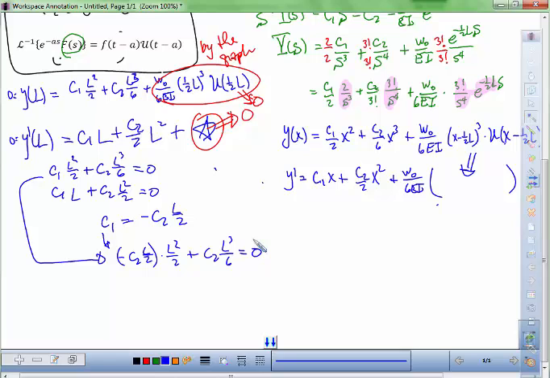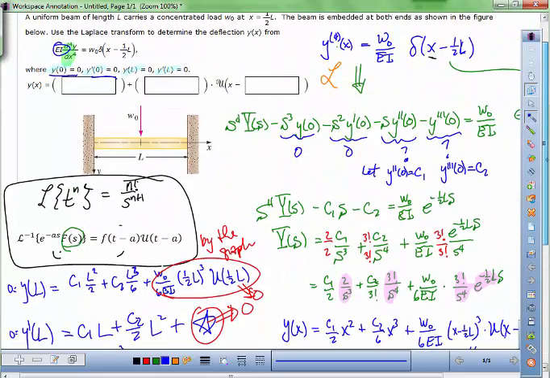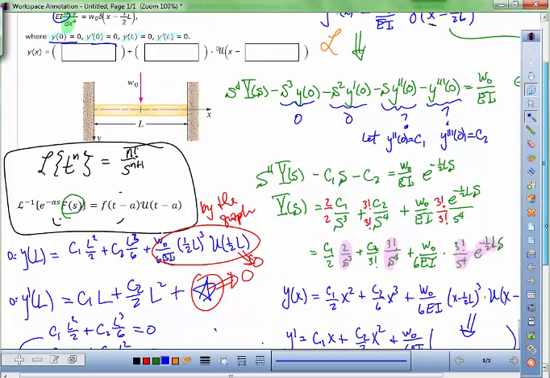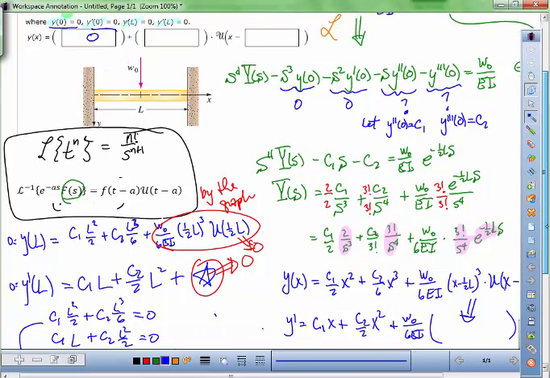That's not going to work. Because it looks like unless this thing is 0 here, which is what we're getting. I don't think that's 0.